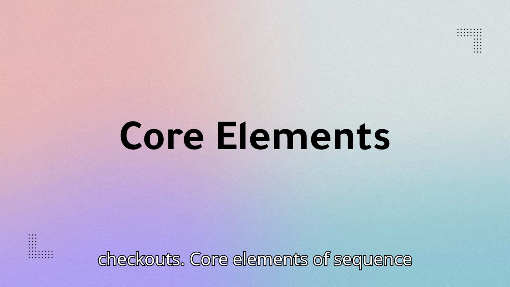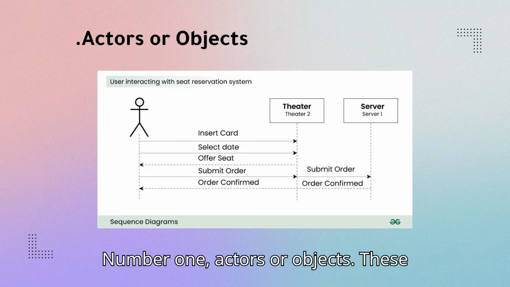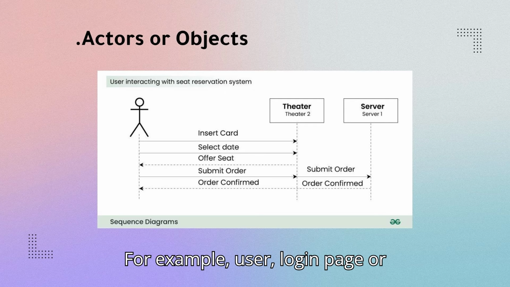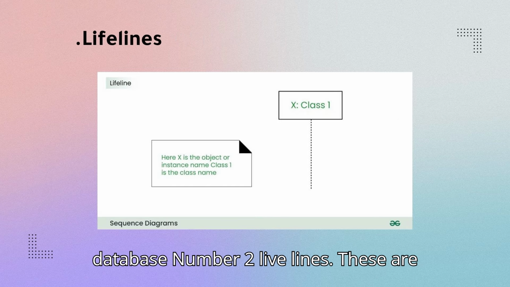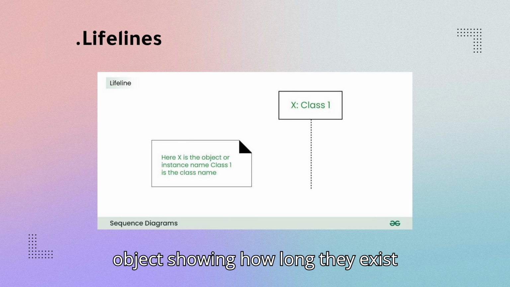Core elements of a sequence diagram. Now, before we draw one, let's look at the main components of a sequence diagram. Number 1. Actors or objects. These are the participants in the interaction. For example, user, login page, or database. Number 2. Lifelines. These are the dashed vertical lines under each object, showing how long they exist in the process.